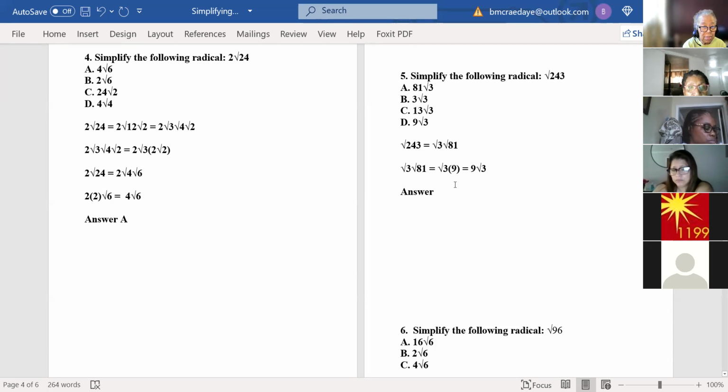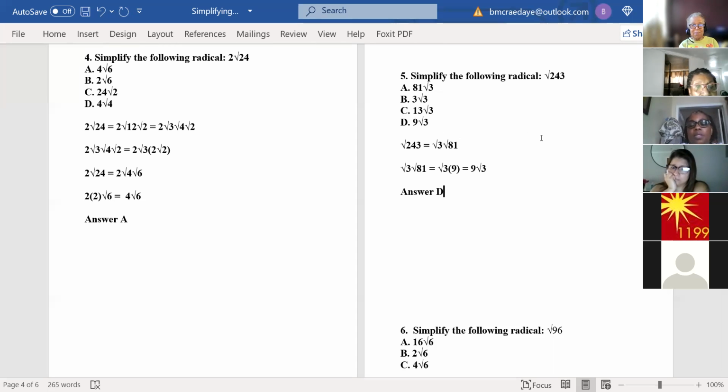The answer is D because we put the number in front. The 9 is the coefficient times the radical square root of 3. So there was your hint, that 81. If they gave you an 81, then 81 is probably one of the factors, except it has to be a square root. Then you can take the square root of the 81 and get 9, and you have your answer.